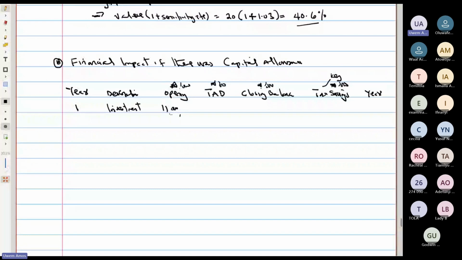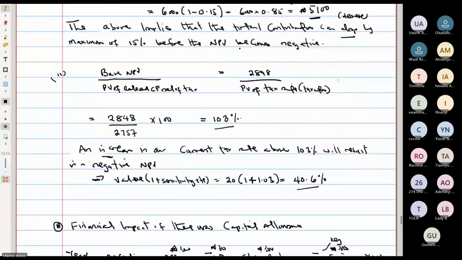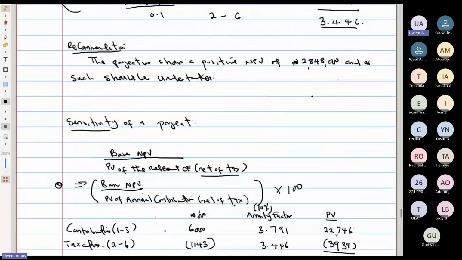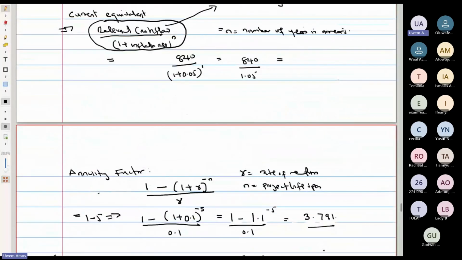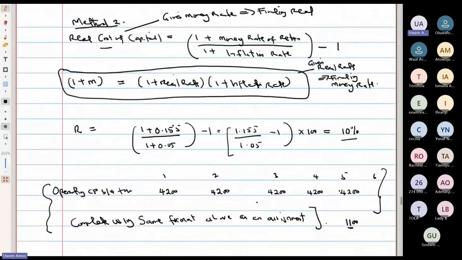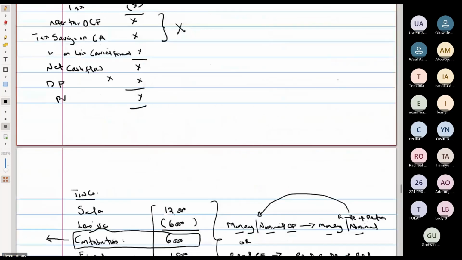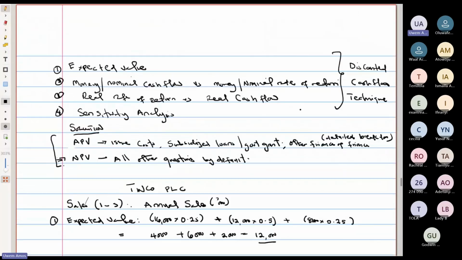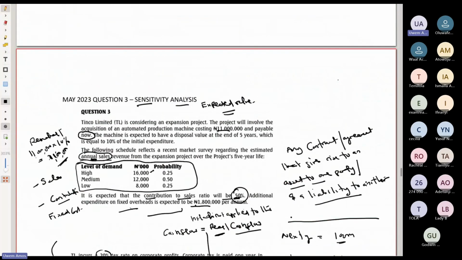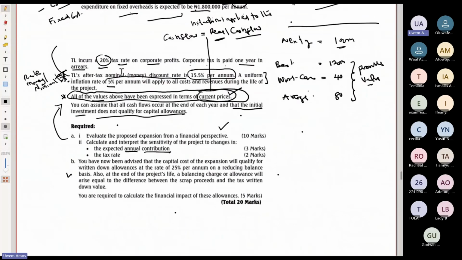Our tax allowable depreciation is at what rate? It mentions it right in our question: tax allowable depreciation is on reducing balance at a rate of 20% per year.